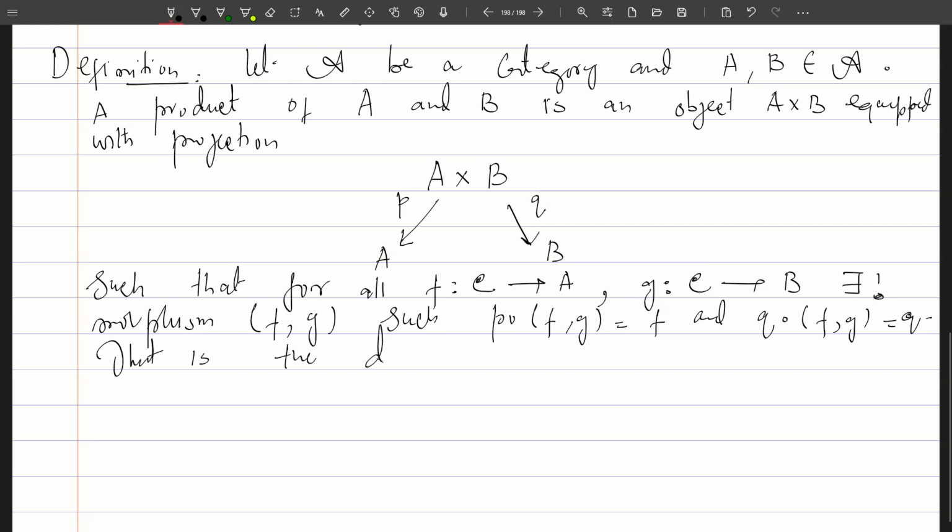we have the diagram. Now, what is the diagram?